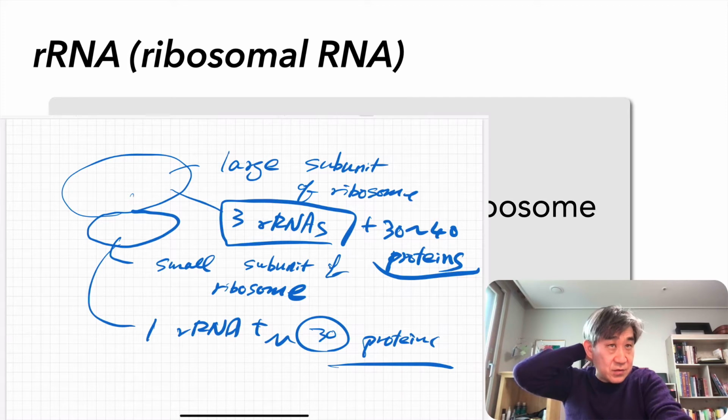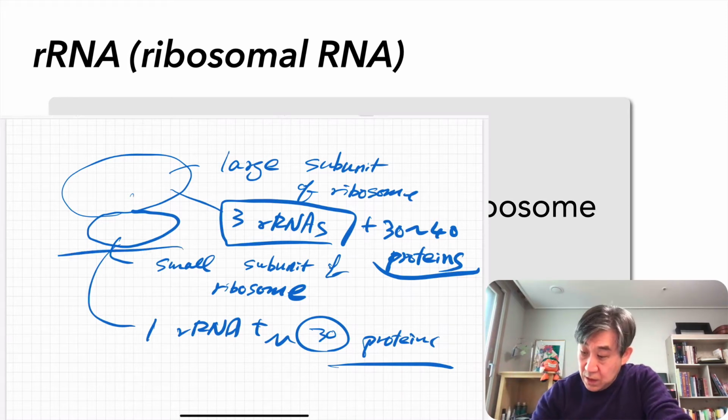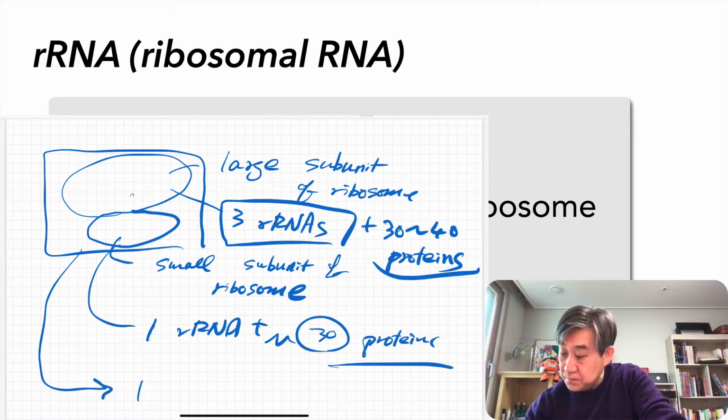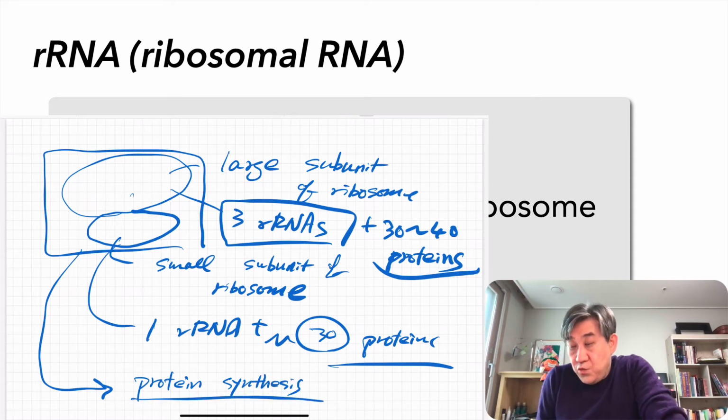And the significance of the ribosome is that it is the location of protein synthesis. So without making the ribosome, there is no way you can do this protein synthesis activity.